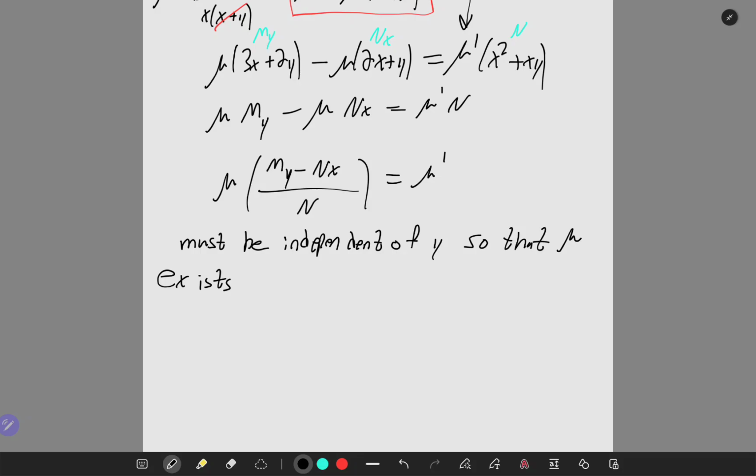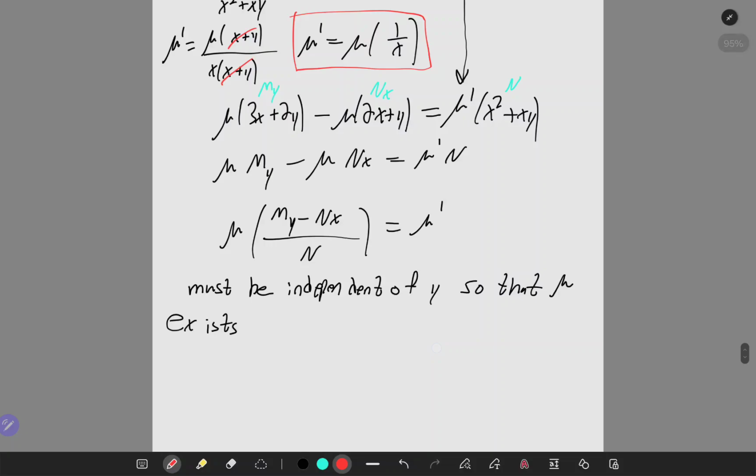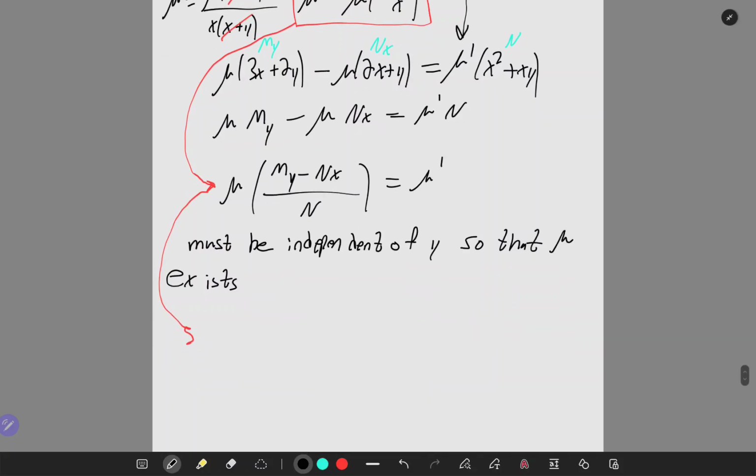And you'll see what I mean by that in a minute. So this is the reason why I boxed this up here, because you'll notice that these two equations right here are very similar, right? So we're gonna relate these two together here. I'm trying to see what he did here.